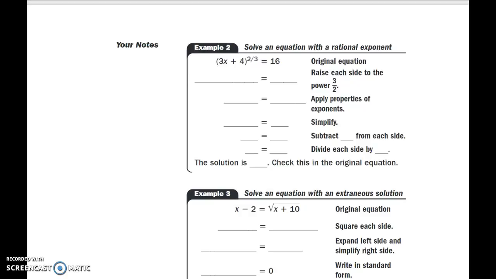Now here's what we do. Watch this. It's pretty cool. So we take our 3x plus 4 to the 2/3 power, and we use our power of a power rule. And our power of a power rule says that when we have a power and we raise it to a power, we multiply the powers together.